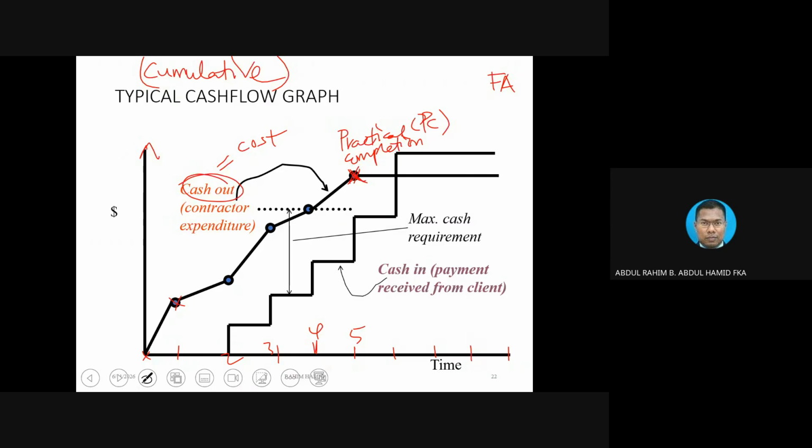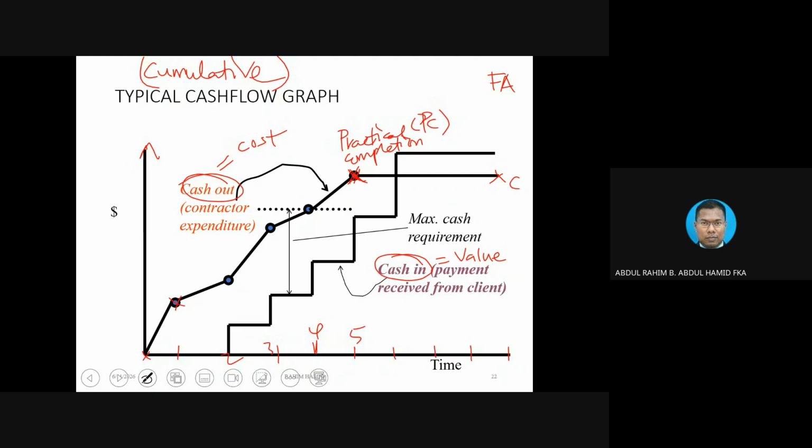Okay, and you notice at the end, this point here, this is what we call the total cost. And then there is another graph. We call it cash in, equivalent to payment, or in short, we can relate that to the value.